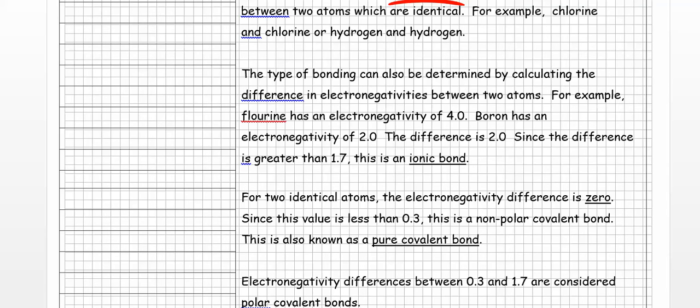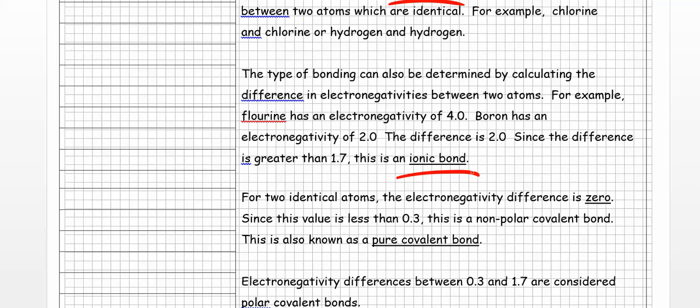Boron has an electronegativity of 2.0. So if boron and fluorine come together in a bond, the electronegativity difference is 4.0 minus 2.0, which is 2.0. Since this number is bigger than 1.7, boron and fluorine, if they bond, are going to form an ionic bond.